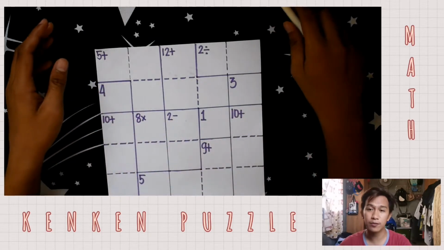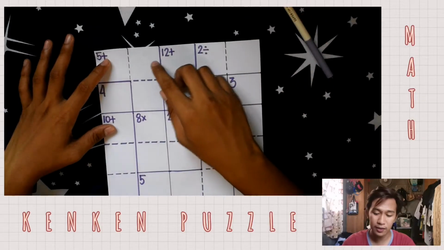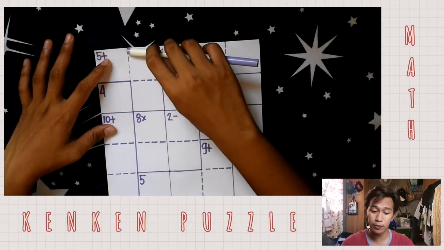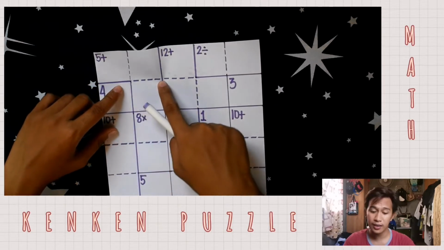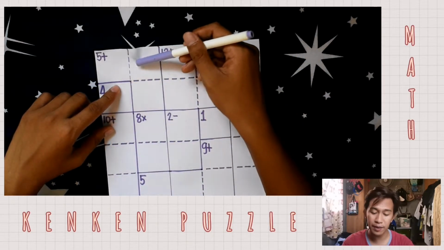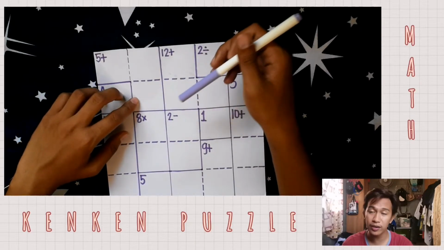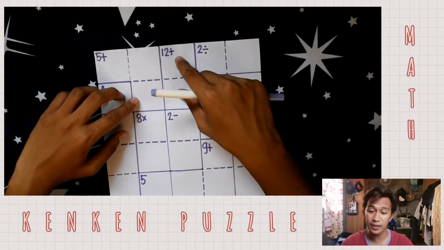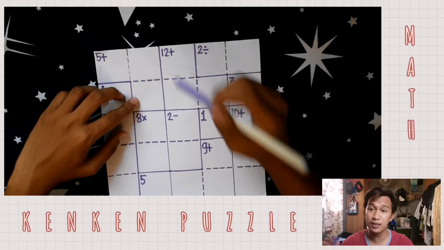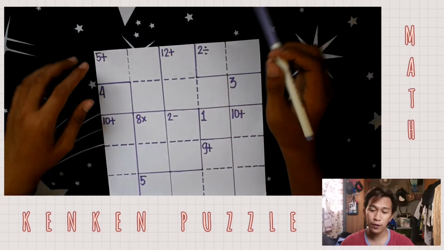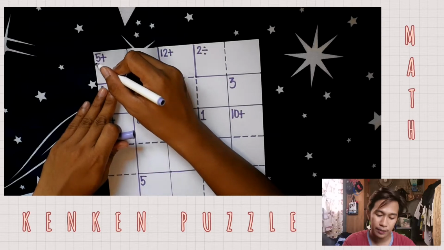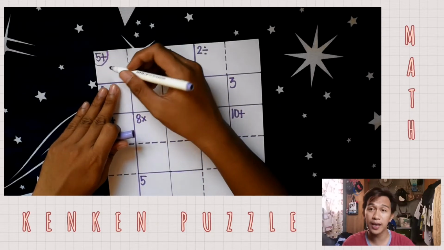If you observe broken lines in your grid, for example, a vertical broken line in this box and a horizontal broken line in this column, that means that these 3 boxes are connected with each other. You cannot connect them to the next boxes because it is blocked by a solid line. If you observe here, it is stated 5 plus.